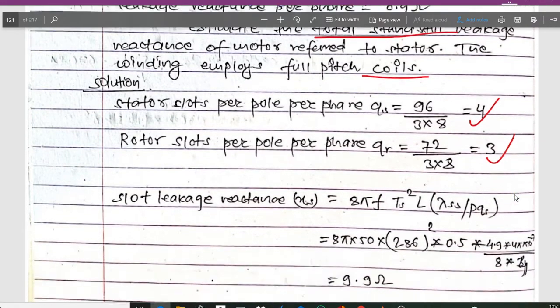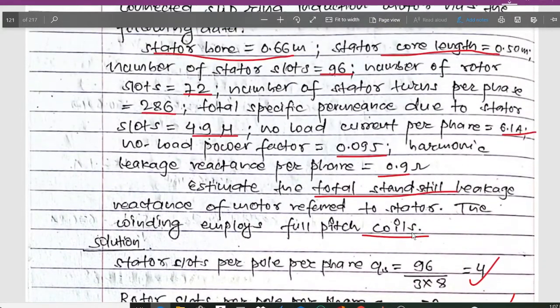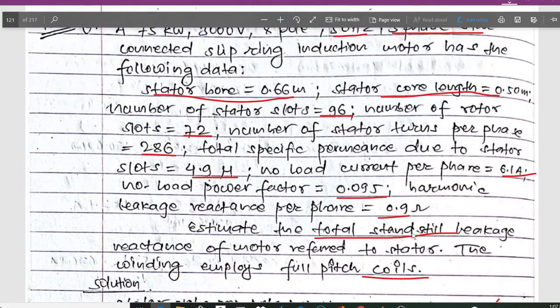Now, in order to calculate the slot leakage reactance Xs, we have the formula 8 pi f Ts square L lambda ss upon P Qs.